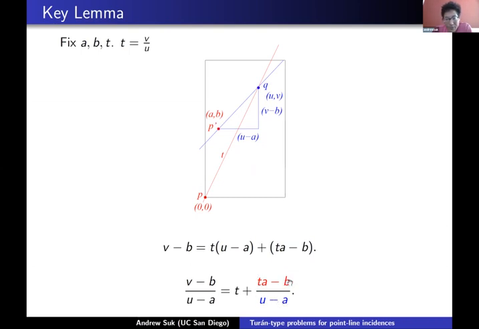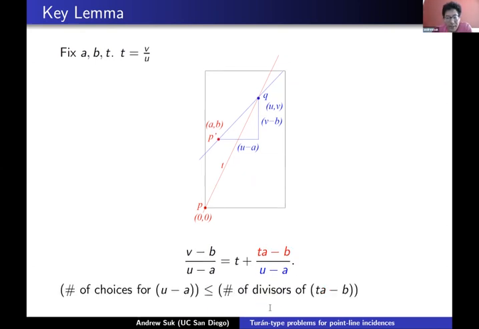And so given this red fixed number here, ta minus b, how many choices do I have for u minus a? Well, by this observation, whatever I choose for u minus a, it has to divide this fixed number up here. So the number of choices for u minus a will be at most the number of divisors that this fixed number has, ta minus b.